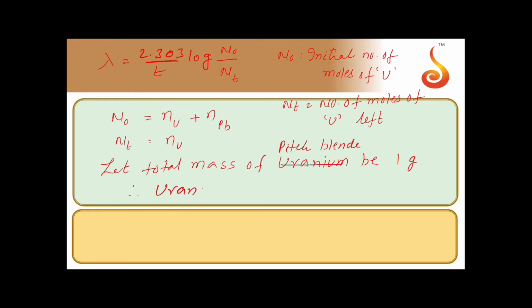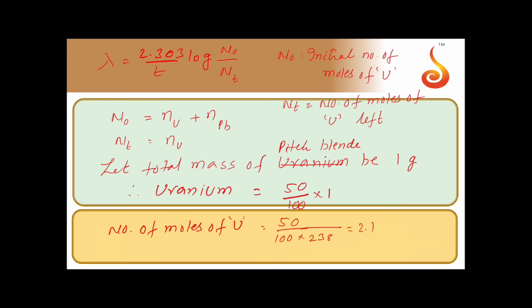Therefore, uranium is 50% of this, so 50% of 1. Number of moles of uranium is equal to 50/100, the mass of the substance, divided by the molar mass of uranium, 238. This comes out to be 2.1 × 10^-3 moles. So this many moles of uranium are there in the pitchblende deposit.